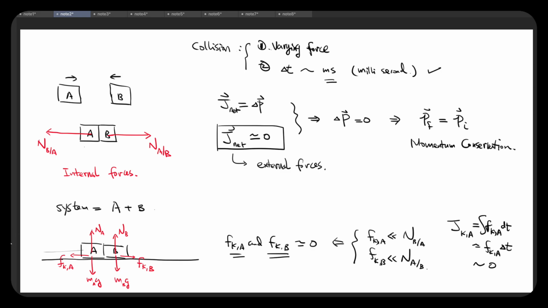So if I think about the object A, normal force plus gravity, these two vectors must be zero, right? Because they're in opposite directions. And similarly for B, and that's why their collective contribution to the torque will be zero.